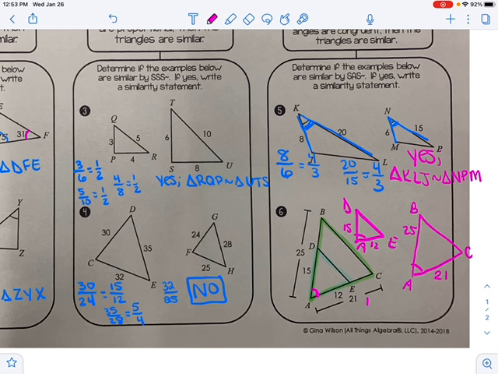So let's do 15 and 25, the longer ones, which reduces to 3/5. And then you have to try the other ones, which are 12/21, which reduces to 4/7. So since these fractions are not the same, even though we have a shared angle, this one is a no. They are not similar.